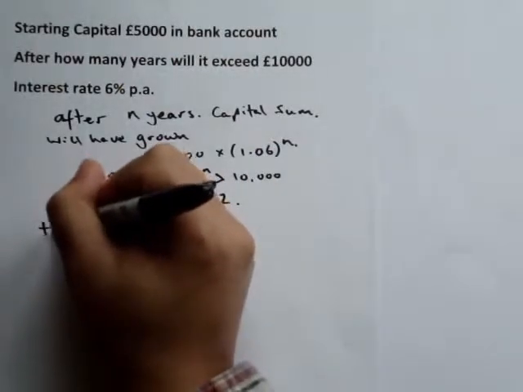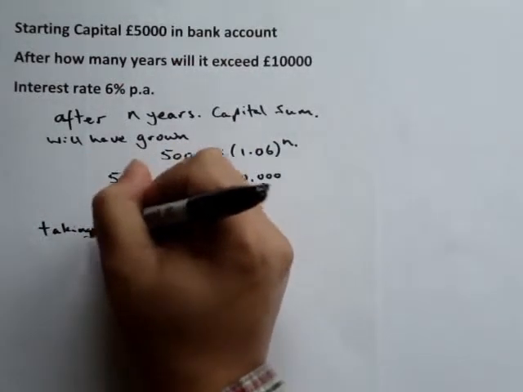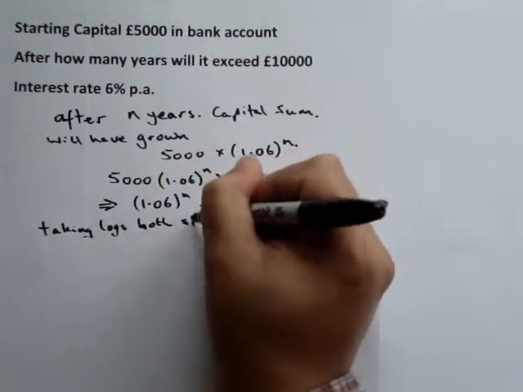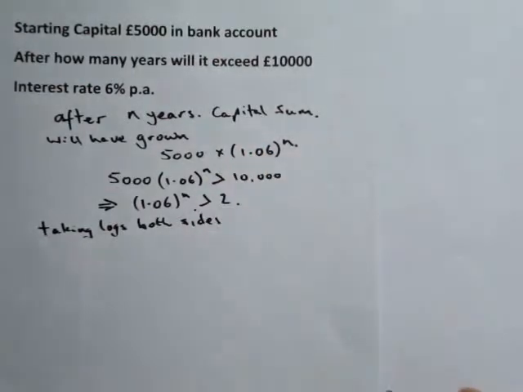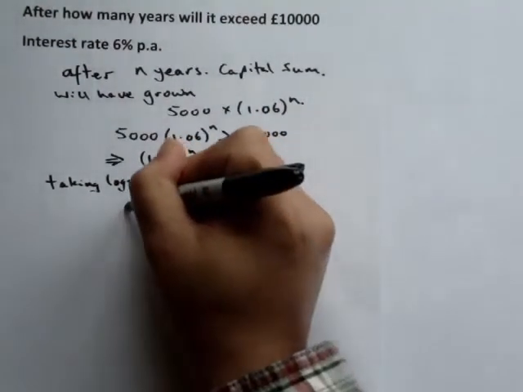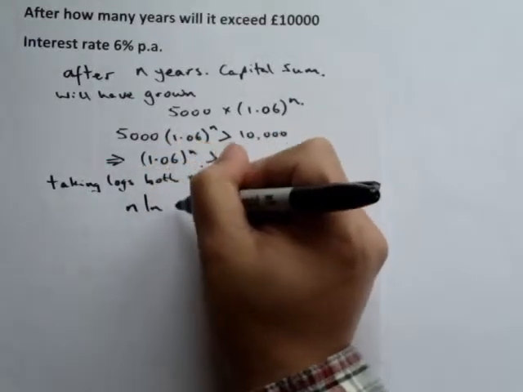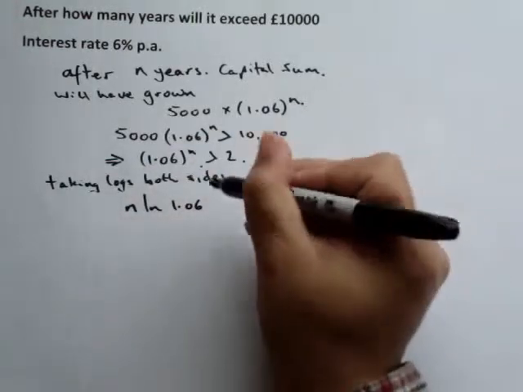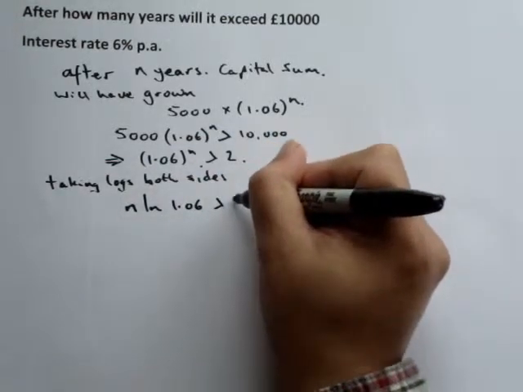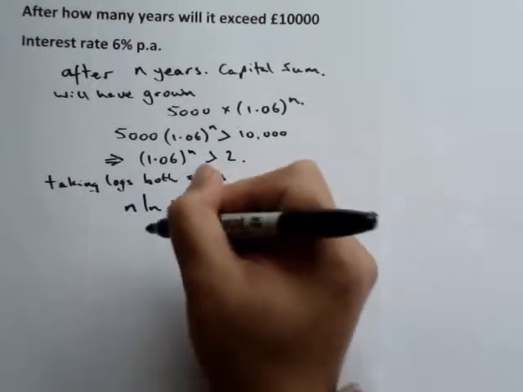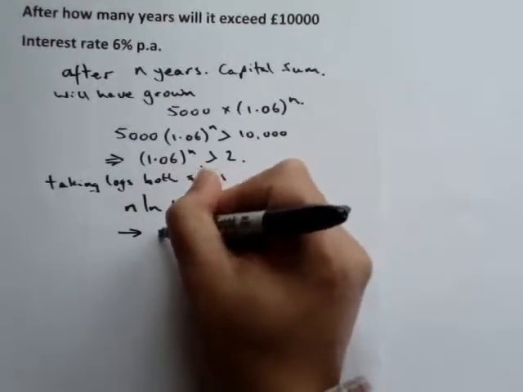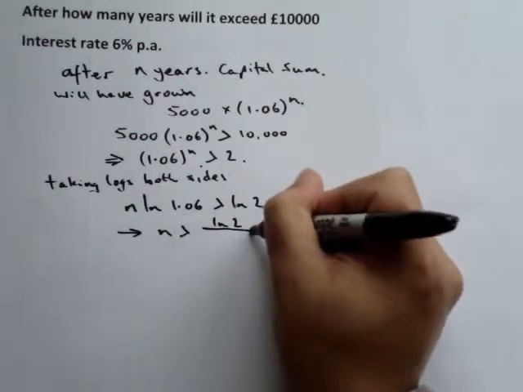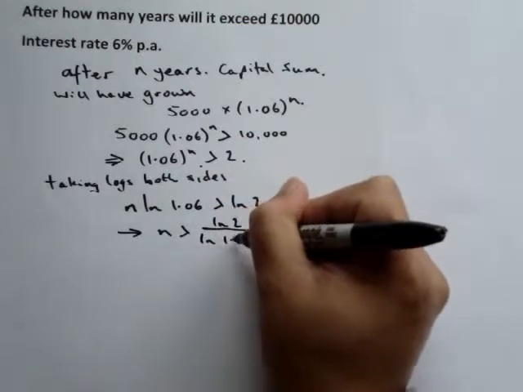So taking logs on both sides, we have n natural log 1.06, so we bring the n down using log laws, is greater than natural log of 2. n is greater than natural log of 2 divided by natural log 1.06.